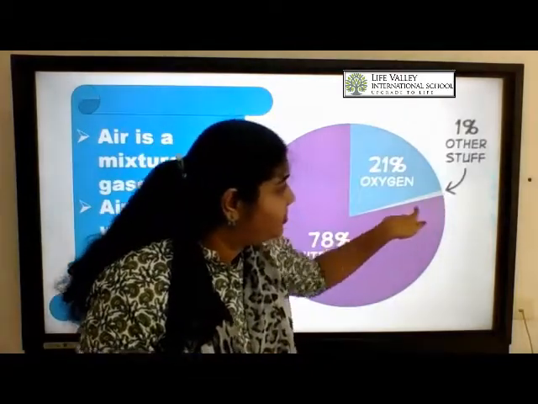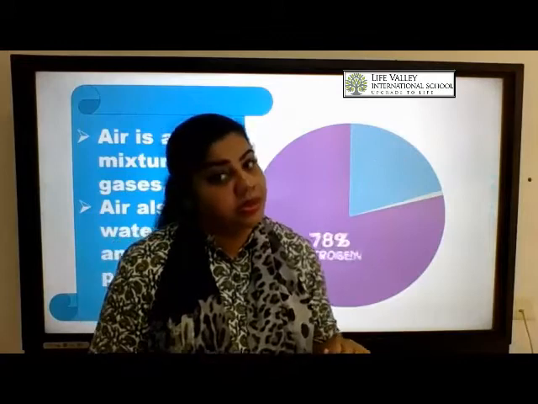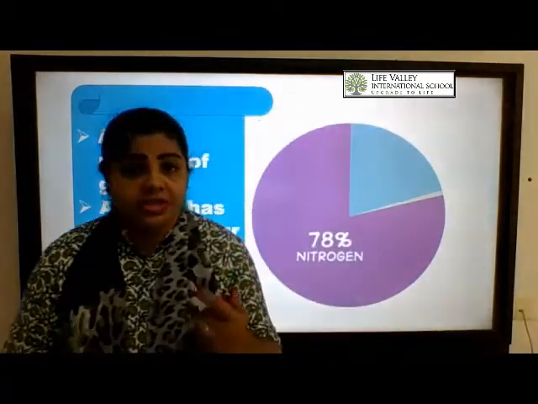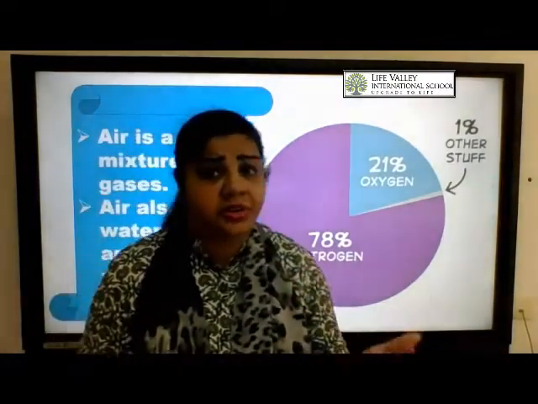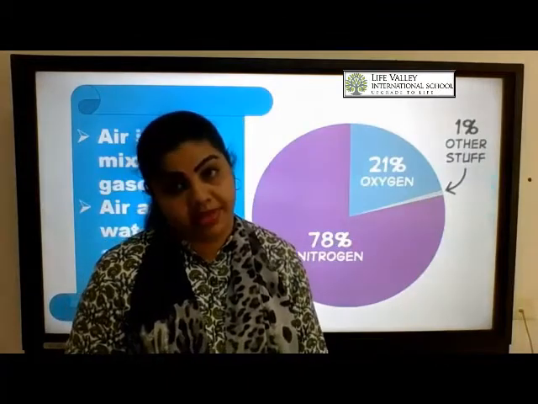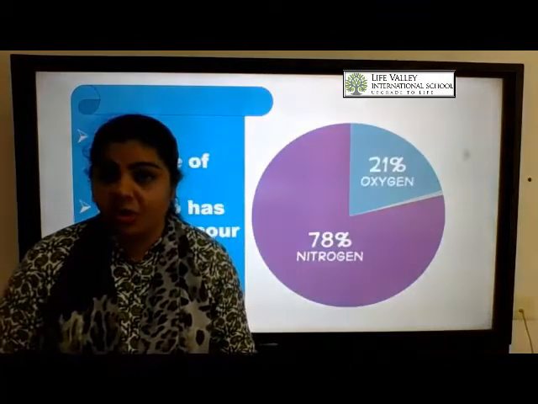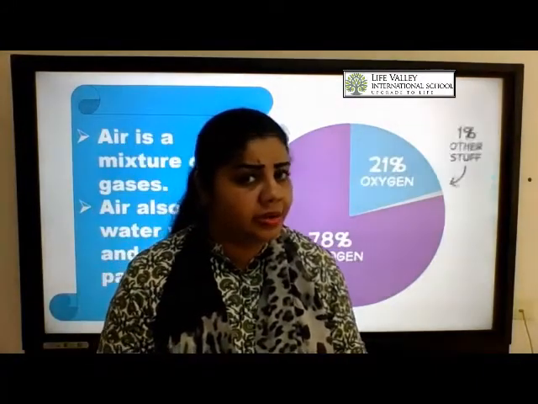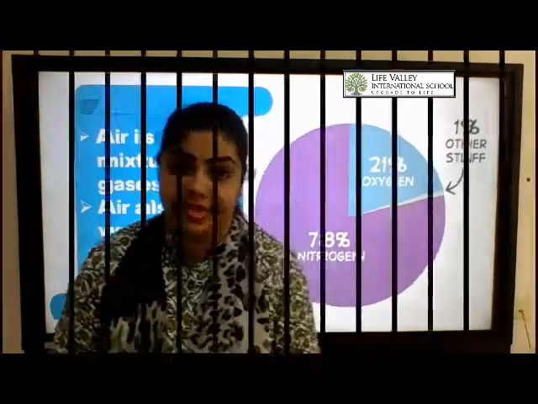Can you see here the 1%? Yes, air also has small amounts of lots of other gases too, such as carbon dioxide, neon, hydrogen, which is less than 1%. Air also holds water droplets. We already learned about it in the water cycle.